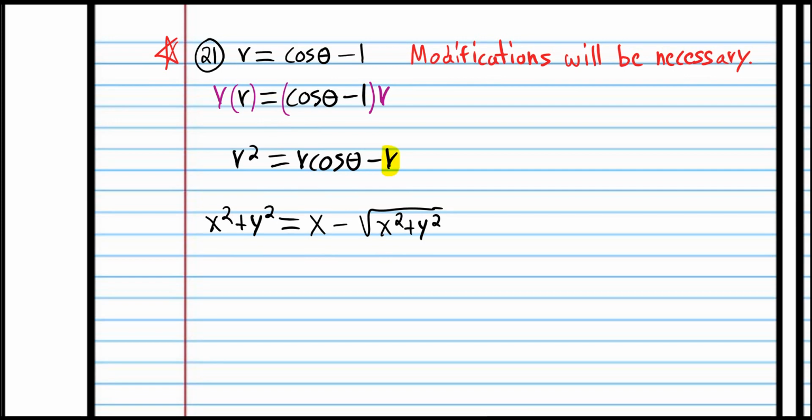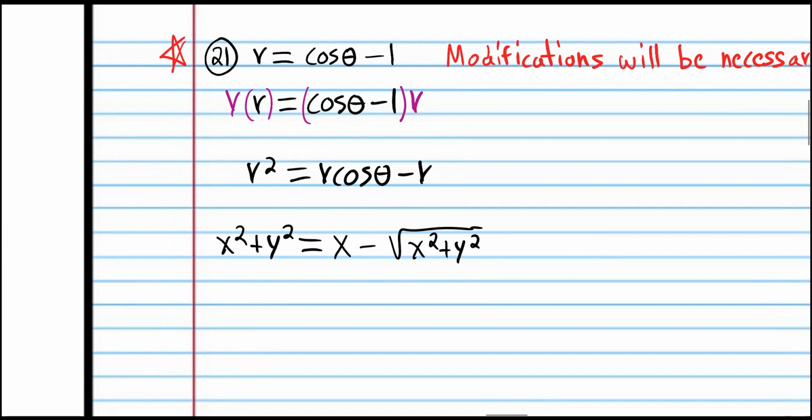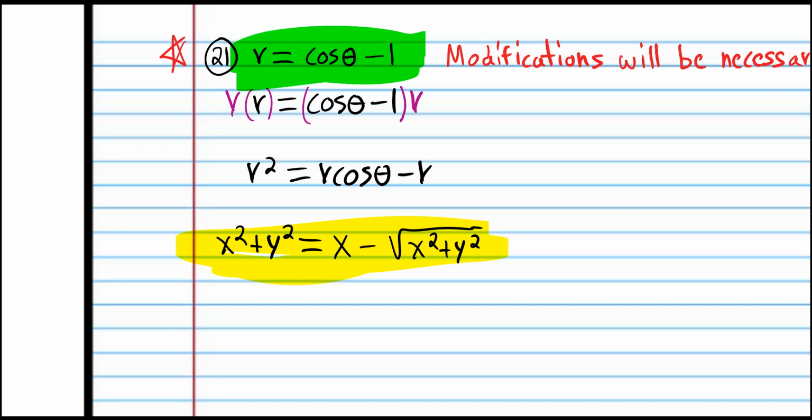But remember, when you square root, this should be a plus or a minus symbol, and that tells us that there may be some problems. And there's actually some very, very big problems. This equation, as you see it here, does not represent this equation up here in green. It fails completely.